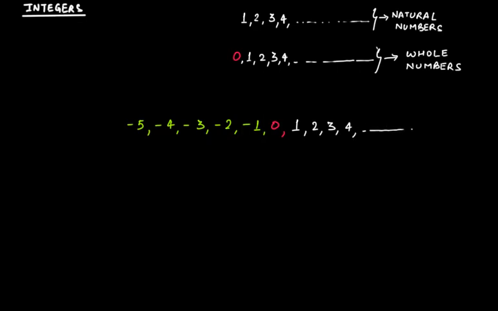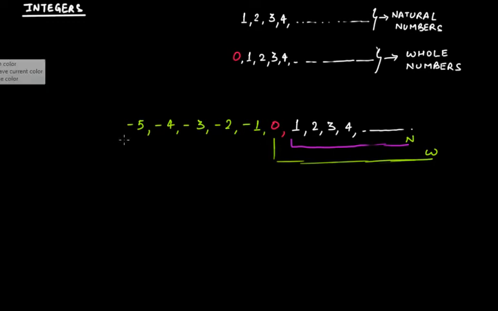So this set 1, 2, 3, 4, and so on was natural numbers. If we include 0 in this set, it makes it what? Whole numbers, right? This is natural numbers, this is whole numbers.